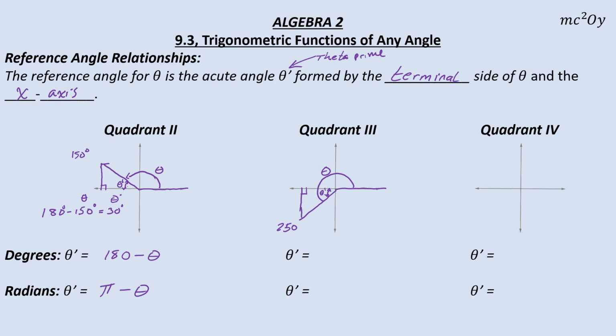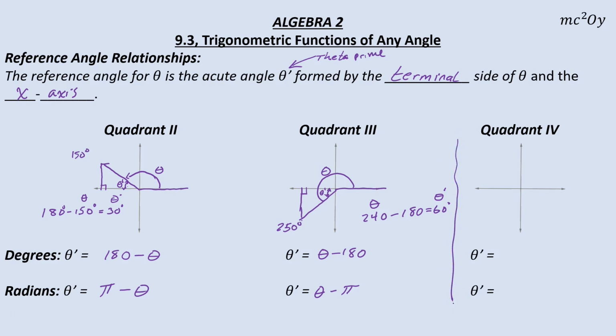Okay, and so looking at that, if I need to get from here to here, how am I going to do that? Well, I'm going to start with whatever theta is. So in this case, if I had 240, I'd have to subtract out my 180. Right? That would leave me with, well, 240 minus 180 is 60. Meaning, if this was theta, this would be theta prime. So it's theta minus 180, or theta minus pi if you're in radians.